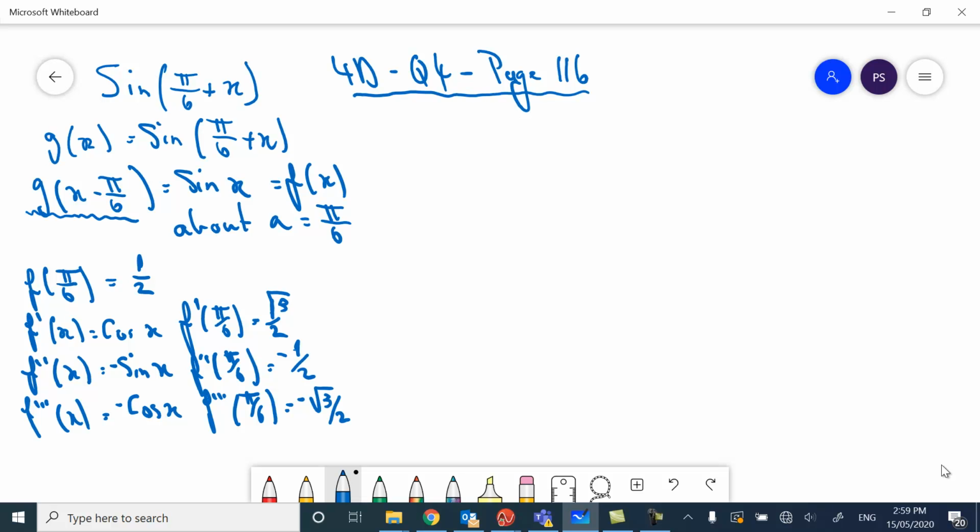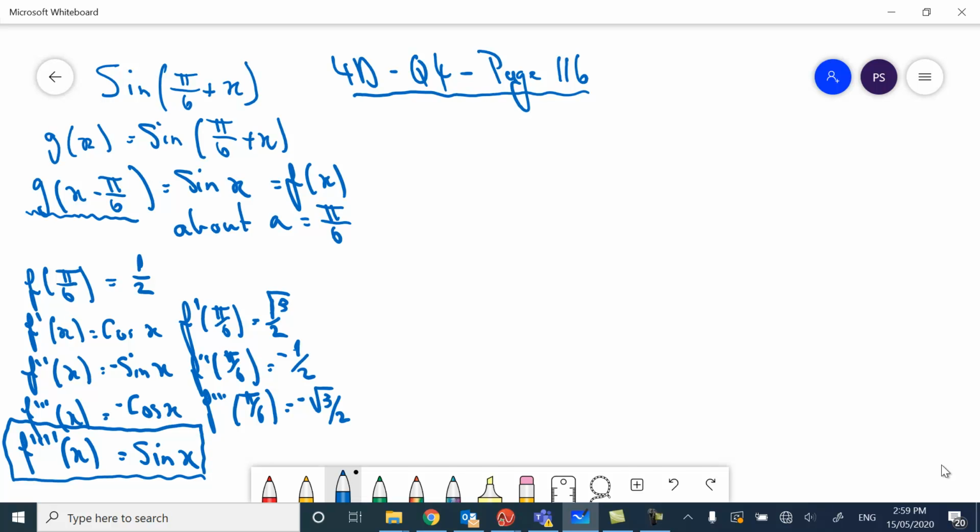And I'm going to do the fourth derivative because I think we've got to do the error later. The fourth derivative gives me sine x, and we'll need that for the error term a little bit later.